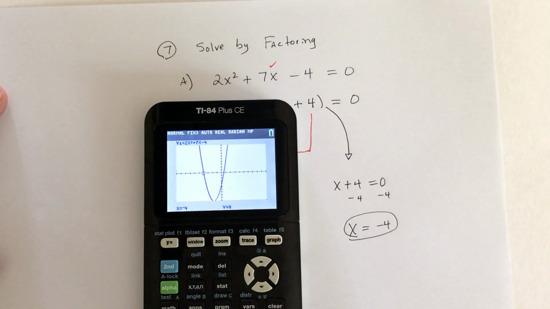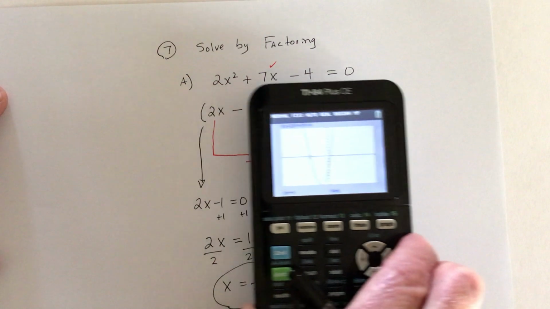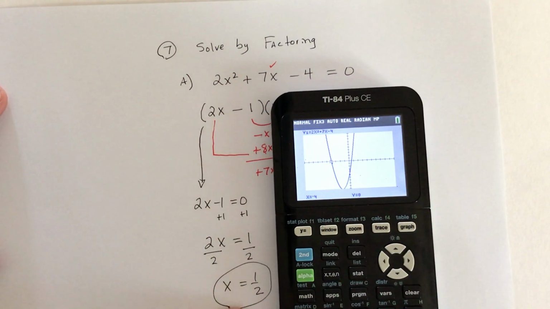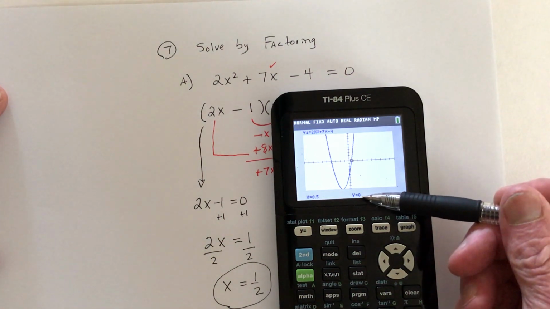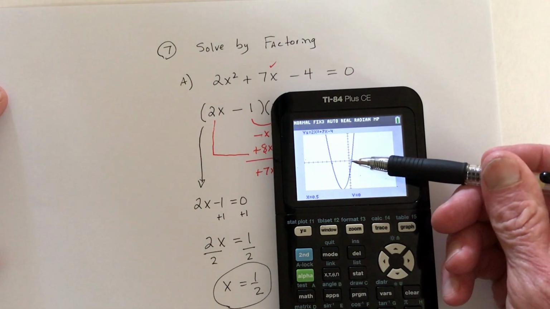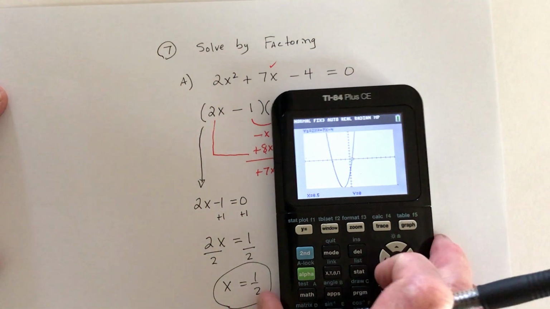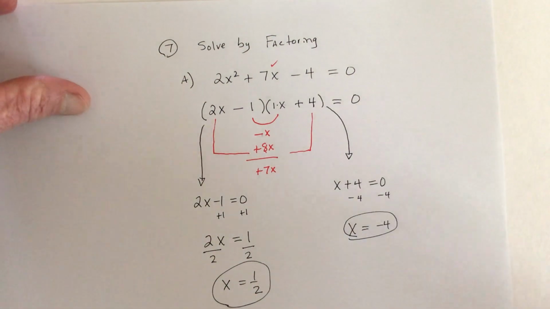So that one is correct. And our other answer was the 1/2. So if you type in the 1/2 and hit enter, sure enough, it says it equals 0, and that's where it's crossing the x-axis. So these two are perfect.